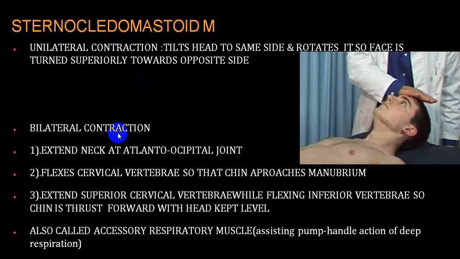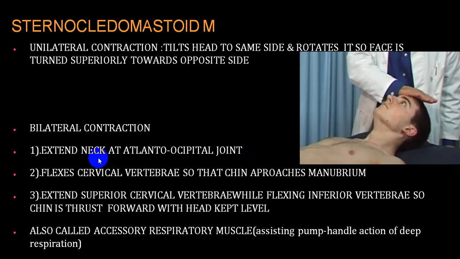When both are contracting, it will help in extension of the neck at the atlanto-occipital joint, and it will flex the cervical vertebrae so that the chin approaches the manubrium, that is manubrium sterni.